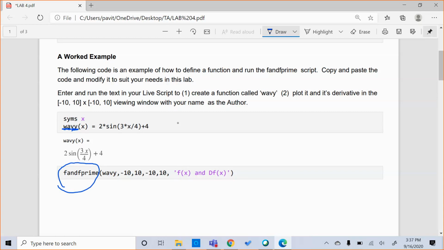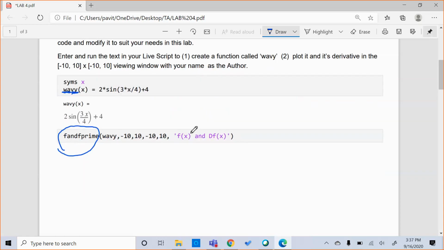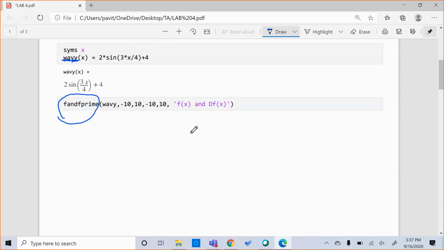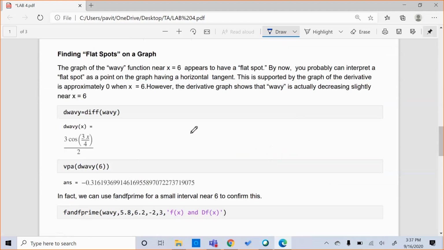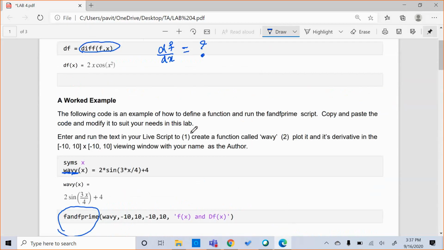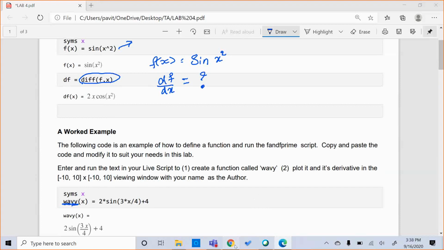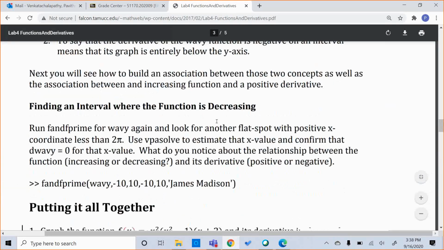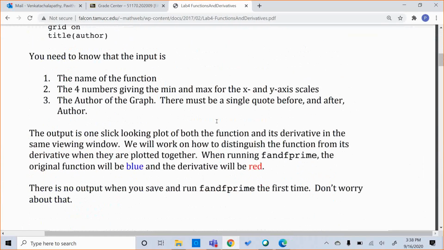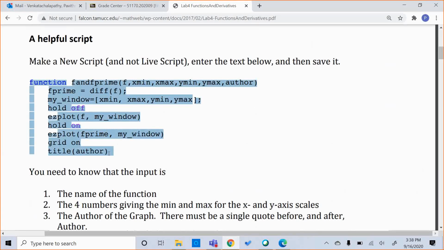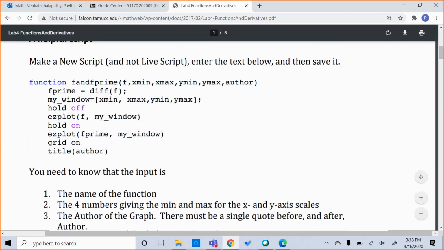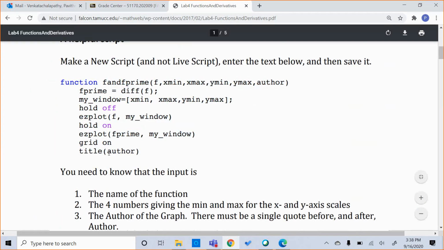So this is a new command where I need to use a script file. Okay, what you have to do is, for that to work, you have a code here. So this is the code for one command, that is f and f prime. Okay. For this command, this is the code.